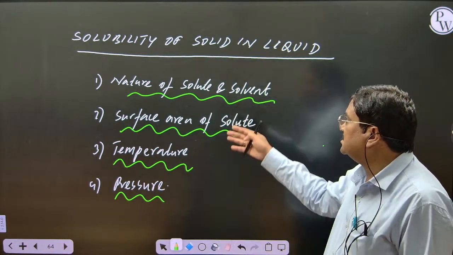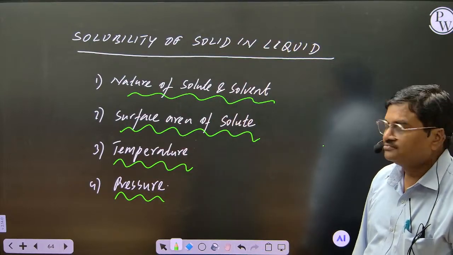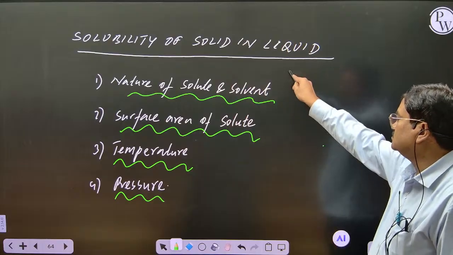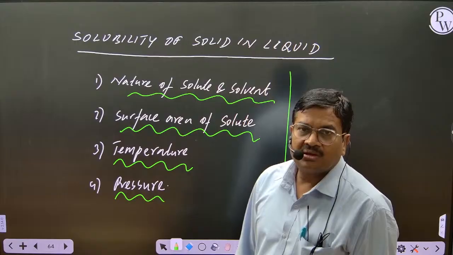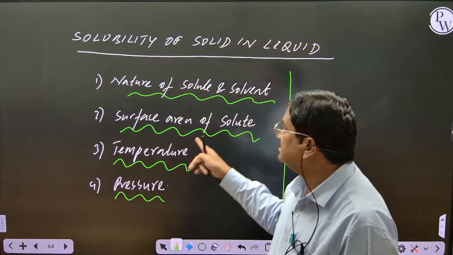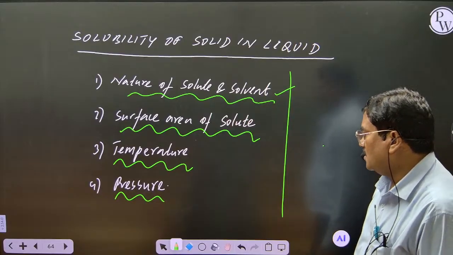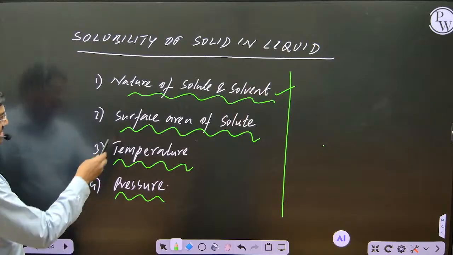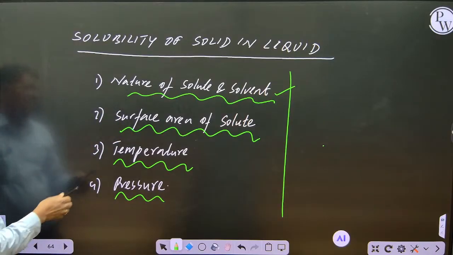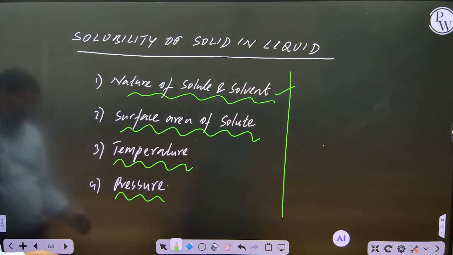So copy this. These are the four factors which influence solubility of solid in liquid. Clear? Now we start with one by one. First we discuss nature of solute and nature of solvent. Now observe here. Now first factor I am going to explain how solute and solvent will have influence on solubility of solid in liquid.